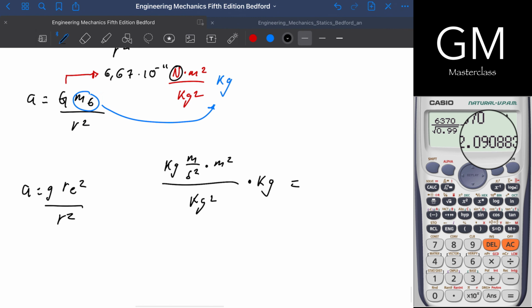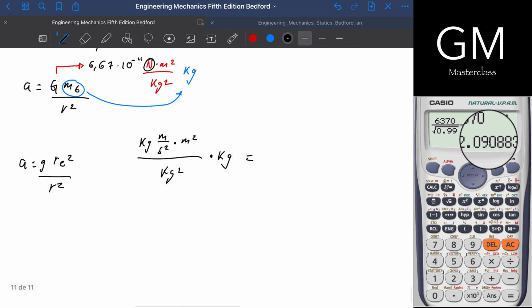And right here I'm going to equal these units to these units, which are a gravity, which is an acceleration, so meters per square second, multiplied by a distance to the second power, so meters to the second power.